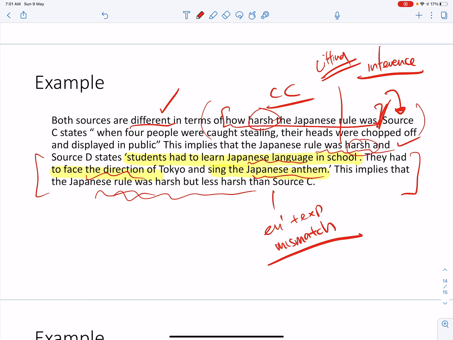Okay, because you cannot say that one is harsh because when they caught stealing their heads were chopped off, the other one not so harsh because they learn Japanese language. So it doesn't really make sense, and therefore this is called an invalid CC. So you have to look for a more obvious one.